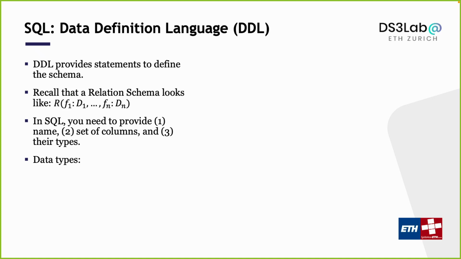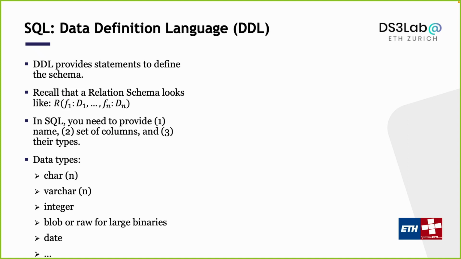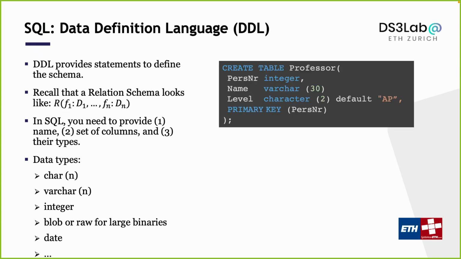Like almost pretty much all programming languages, you have different data types. You have character, you have integer, you have blob for large binary pieces of data, and so on and so forth. You have date, for example. A whole bunch of data types. So when you define this schema, it looks something like this.